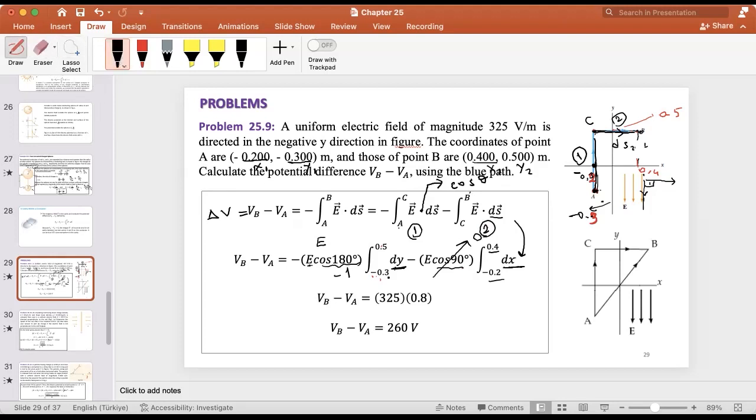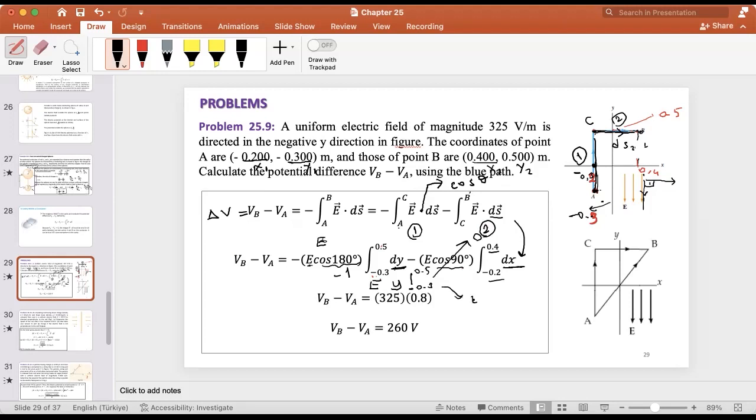Okay, so here, sorry, I will write this part. Positive electrical field, and this dy gives just y information, and we need to put in -0.3 and 0.5. We will put that information in.